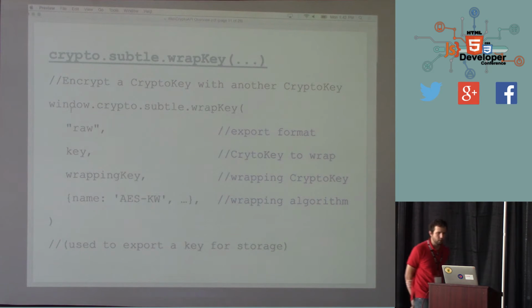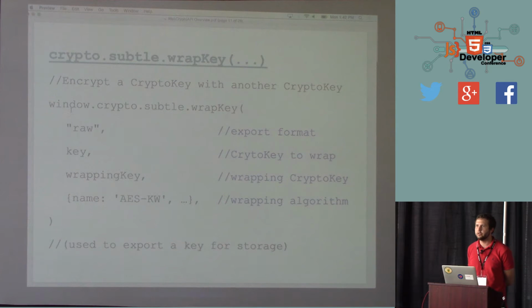So that's basically used to export a key to storage. So if you generate an ECDSA key, and how many people know what ECDSA is? Okay, so it's one of the algorithms that's available in the API, and this allows you to safely store generated keys with a password. And I'll go over how to generate a password with this.